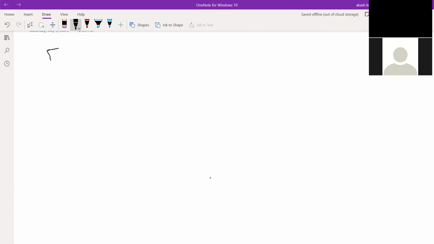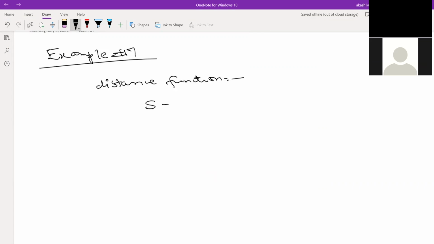That is example number 7. We are given a distance function, which is S equals 2t cubed minus 5t squared plus 3t plus 4.